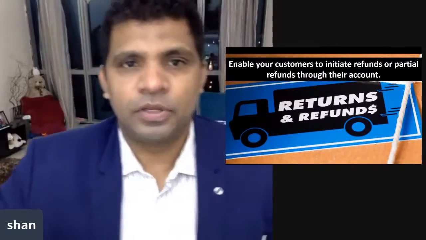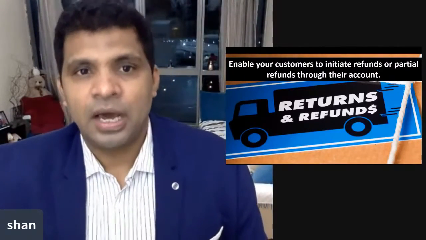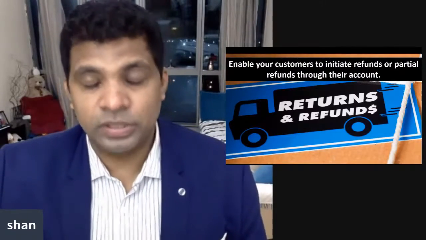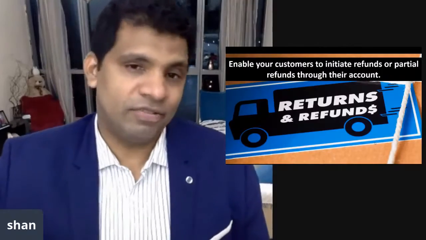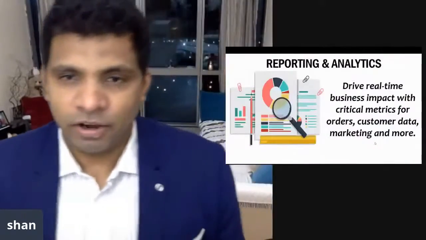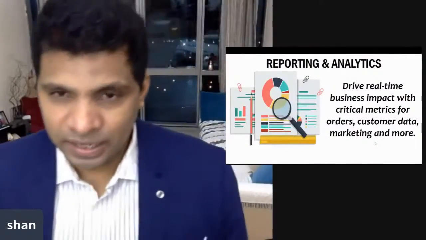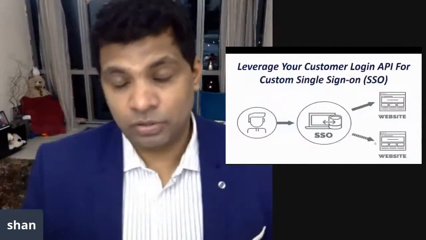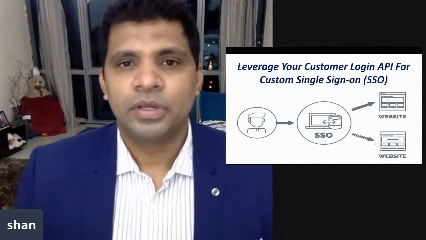And when your customer initiates a refund or partial refund, you can do it through accounts. That should be one of the enabling parts you should do on our affiliate website, okay? And of course, various kinds of reporting and analytics must be there as part of our affiliate, social e-commerce website, okay?